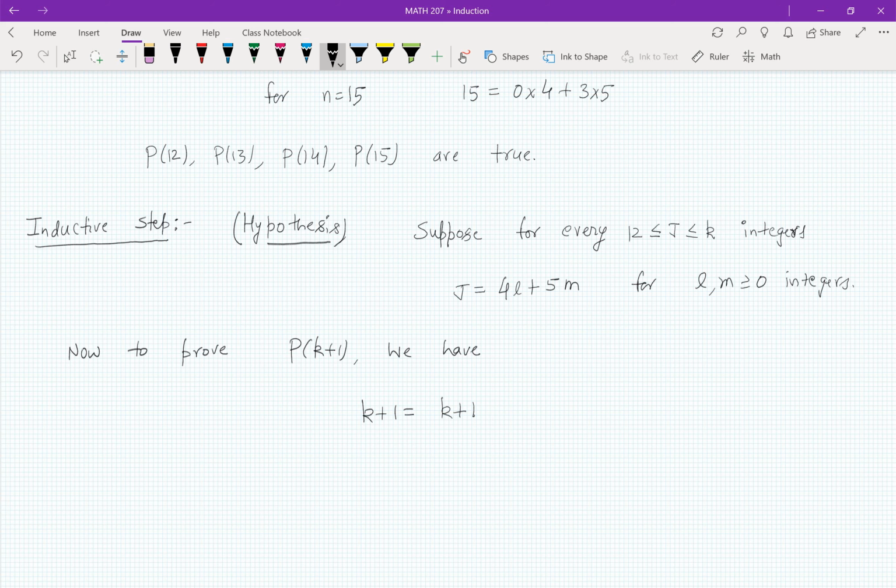Now to prove the statement for n is equal to k plus 1, we can rewrite k plus 1 as k minus 3 plus 4. So this side is going to remain k plus 1, and we have rewritten k plus 1 as the combination of k minus 3 and plus 4.